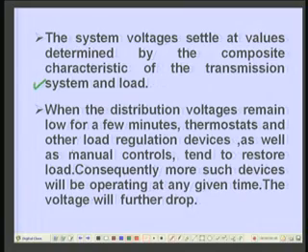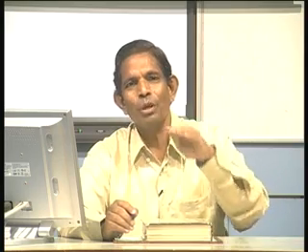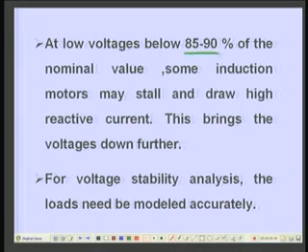Therefore, one has to examine the characteristic of the loads which are thermostatically controlled. Another aspect is that we have a large number of induction motor loads, and the induction motors will stall at a voltage which is below 85 to 90% of the normal voltage.